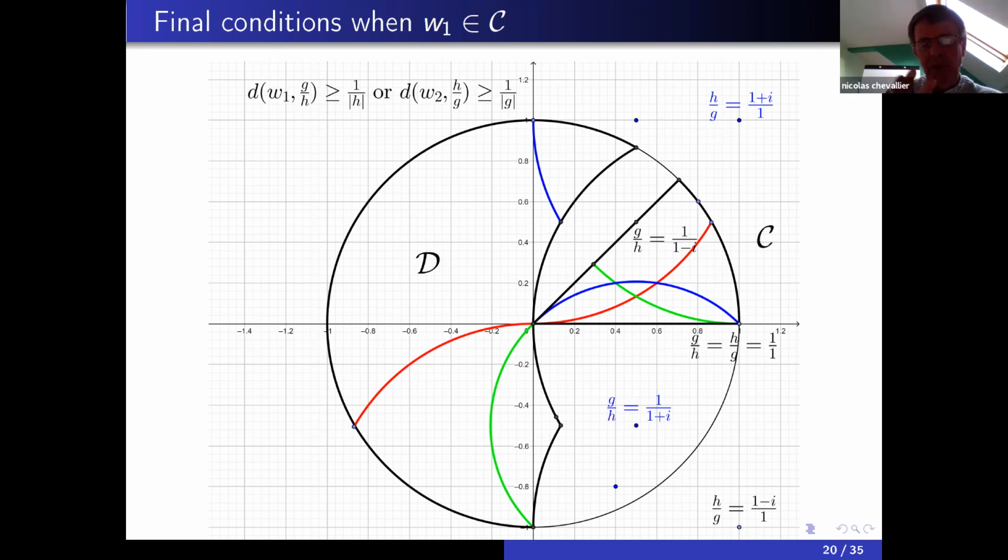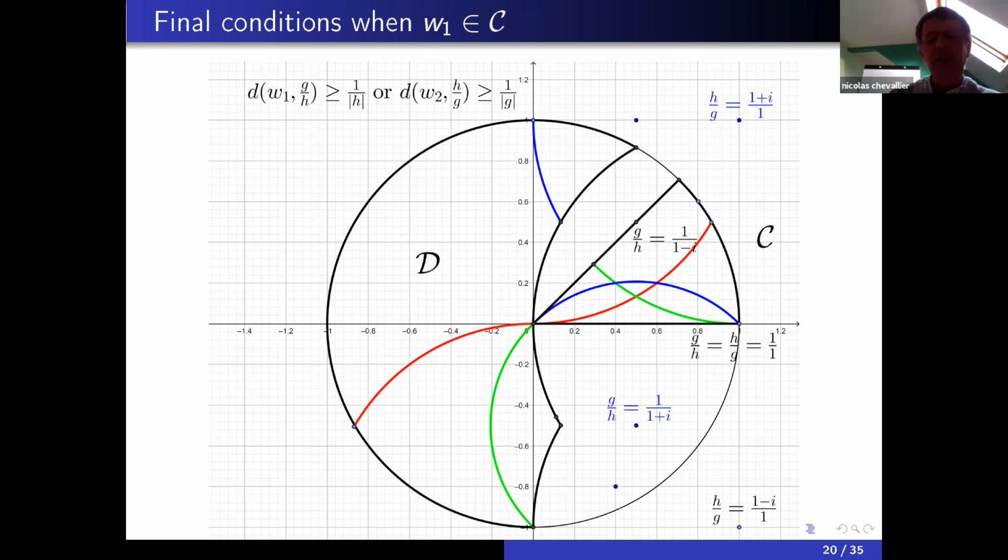In the first case, for instance, these are given by the picture. In the theorem, I just say that there are finitely many G and H, which are the Gaussian integers with modulus smaller than square root of 2.